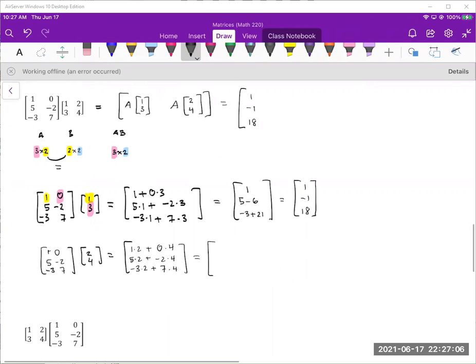Or 1 plus 0, 10 minus 8, negative 6 plus 28. And adding them together, here we have 1, 2, and 22. And so we have produced the product.